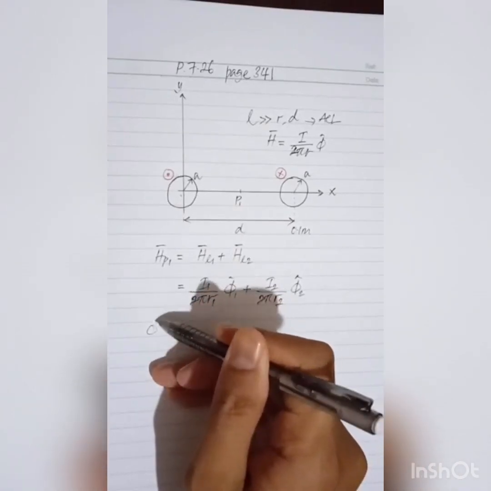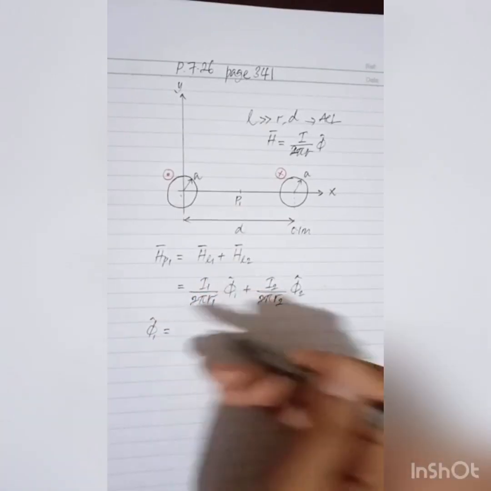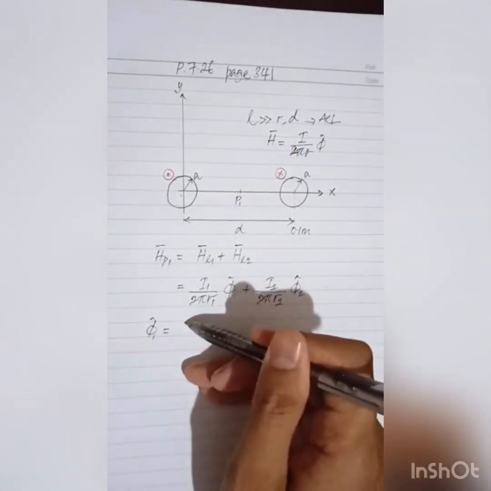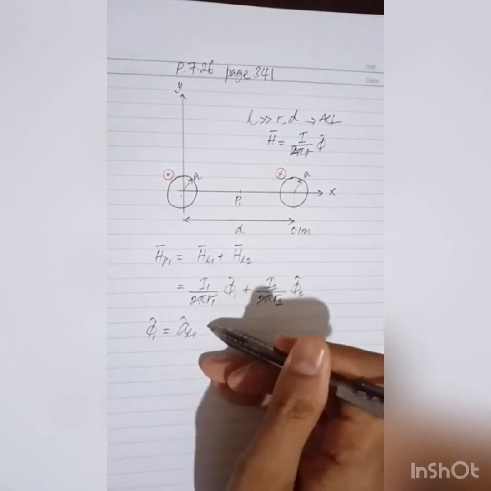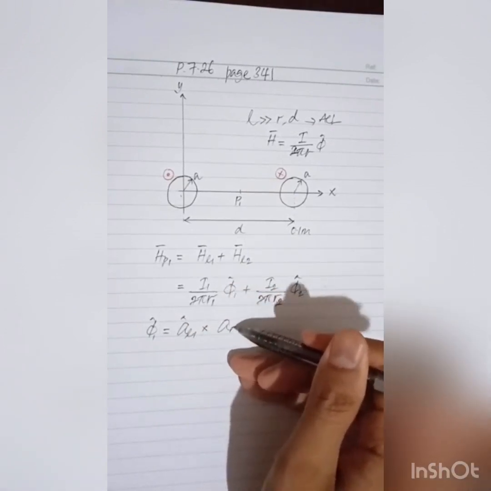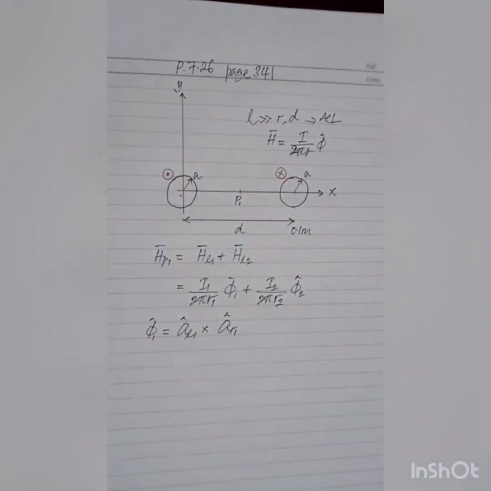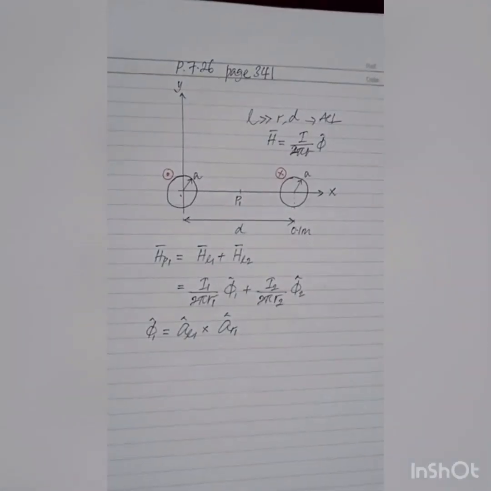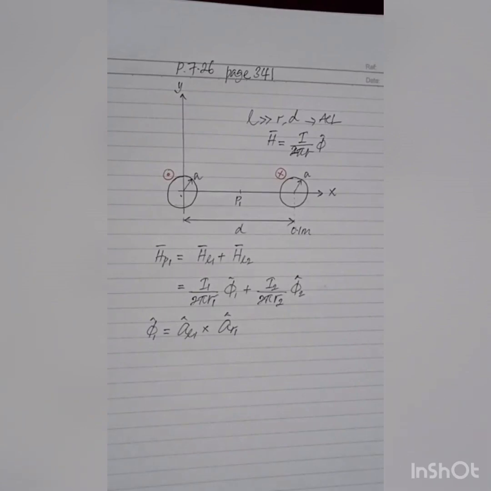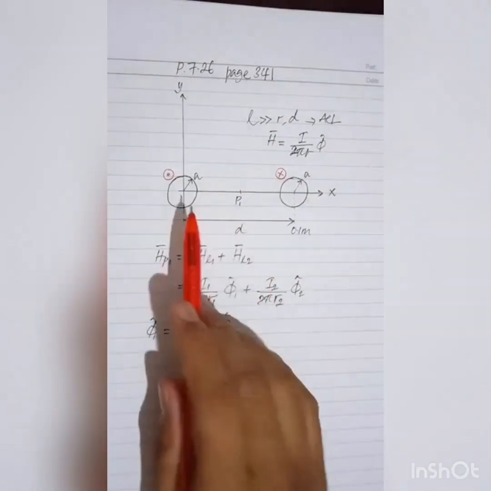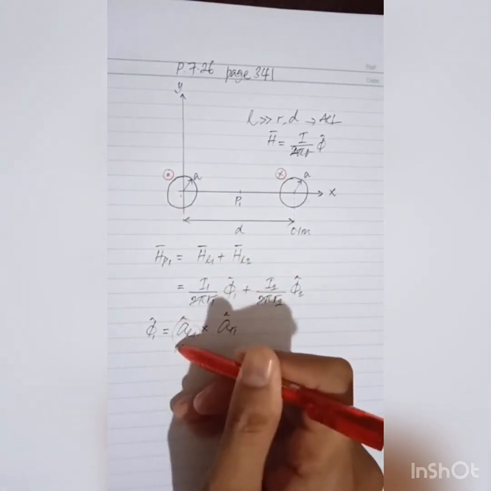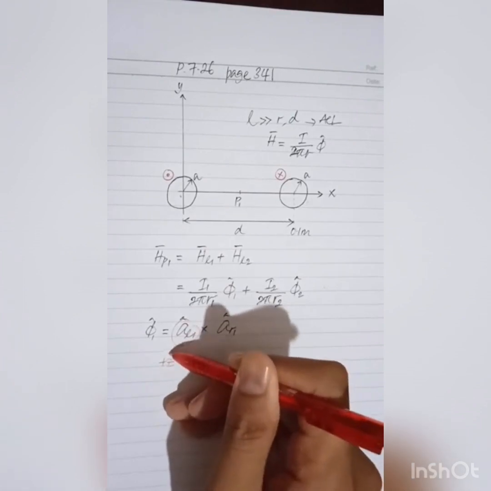For the first one, phi 1, we find the conversion by performing the cross product between the unit vector of line current 1 and the unit vector of radius 1. This is the general equation for converting from phi to the Cartesian components x, y, or z. Looking at the diagram, line current 1 flows in the positive z direction, so we can change this term to positive z.